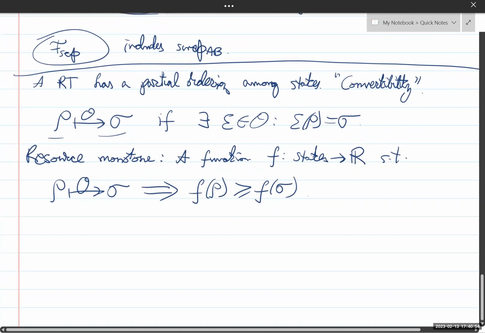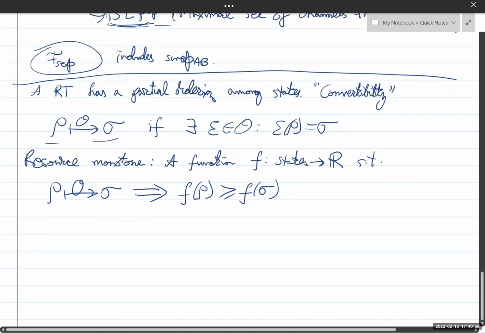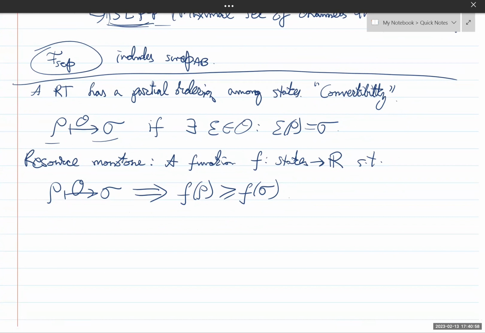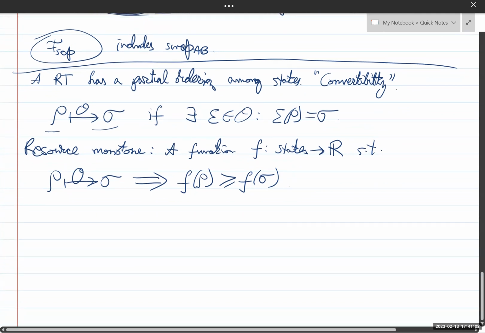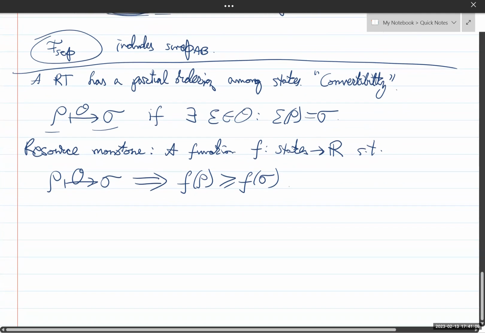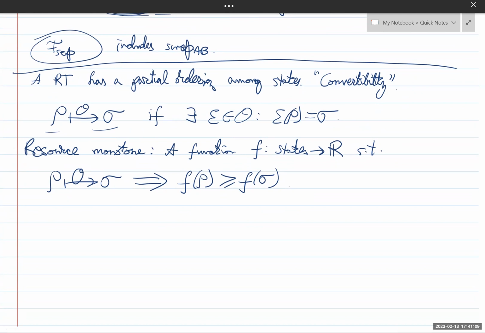So the more monotones that are easy to compute that we can find, and that have information as different from one another as possible, the closer we come to learning about the exact nature of this partial order.